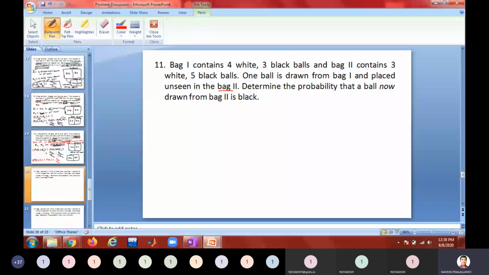Okay, so you have two bags, bag 1 and bag 2. Bag 1 contains 4 white, 3 black balls. Bag 2 contains 3 white and 5 black balls. One ball is drawn from this bag and placed unseen in bag 2, without looking at what color the ball is. Now determine the probability that a ball drawn from bag 2 is black.